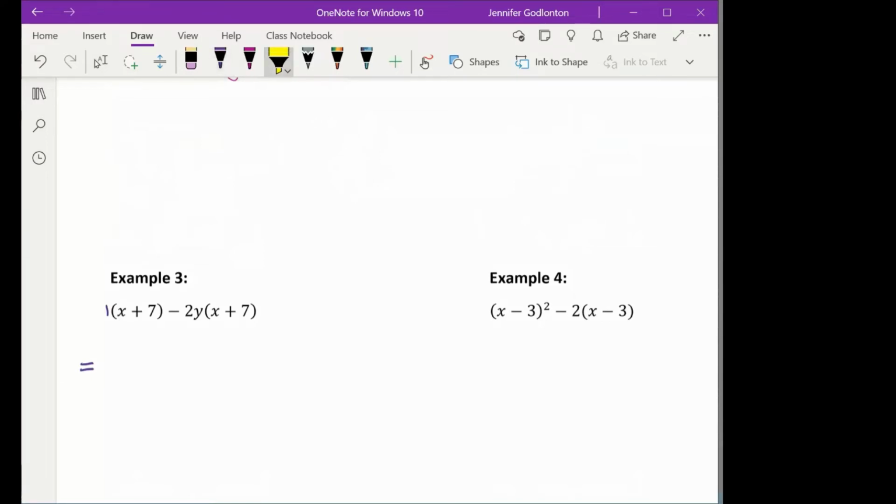Yeah, keep on going. Yes, so we have x plus 7 close bracket. And then the other bracket we have 1 minus 2y. Yes. I'm never listening to you again when you tell me you hate something.